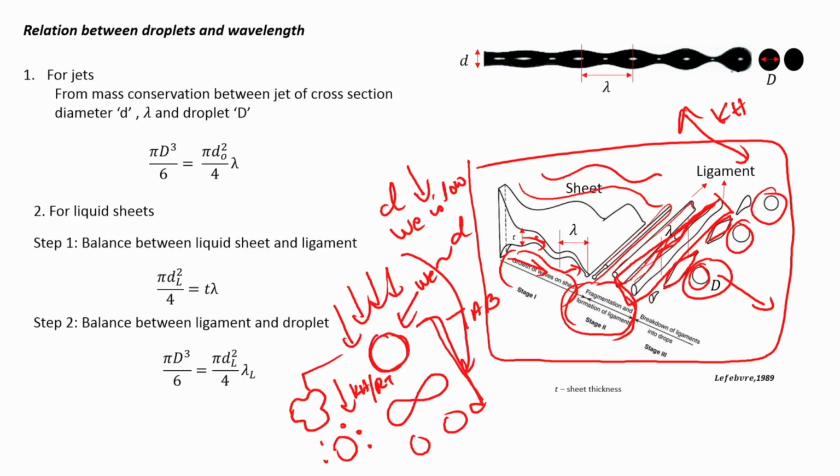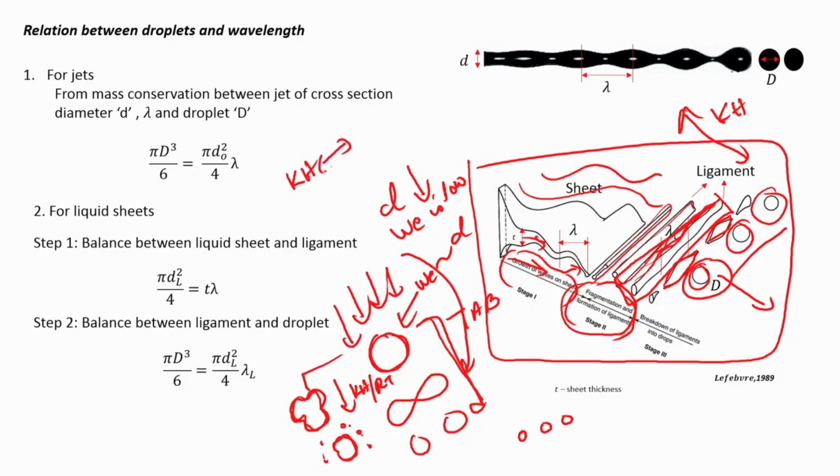However, if you see that the Weber number is still very high, you can get these secondary oscillations on the droplet surface, and you can get this secondary breakup through the KH or the surface active modes. But there will be a certain size at which the droplet's Weber number will be sufficiently low where you can use the TAB model at that point.